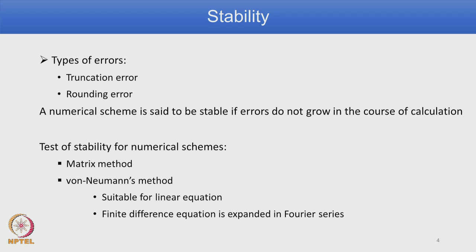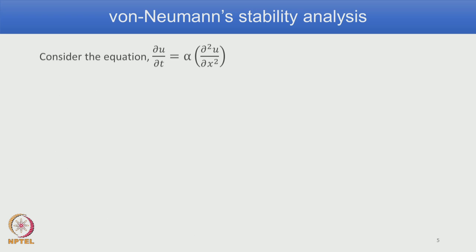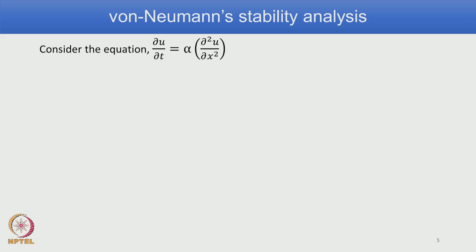However, it gives the idea whether the scheme is stable or not. Here, the finite difference equation is expanded in Fourier series form, and just like linearity is one limitation, it is also not applicable near the boundary. So, to get an explanation of von-Neumann stability analysis, we take a model equation.